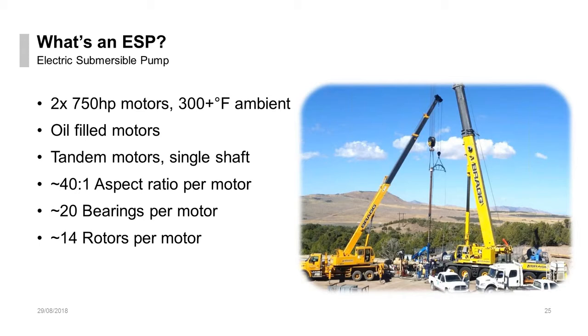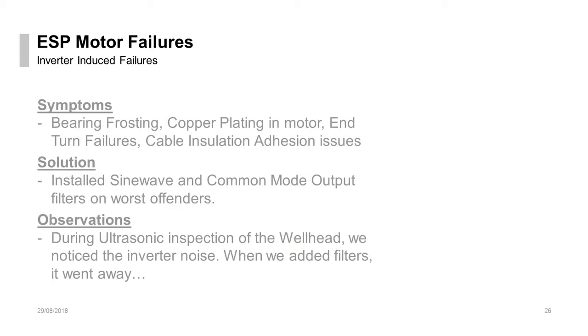The iron to copper ratios are also different than we can do within an ESP, and the insulation is typically higher rated to be able to handle that high frequency content as well. ESPs, because of their very extreme form factor and extreme operating conditions, we cannot do the things that you would do to a surface motor in order to keep it safe when operating on a variable frequency drive.